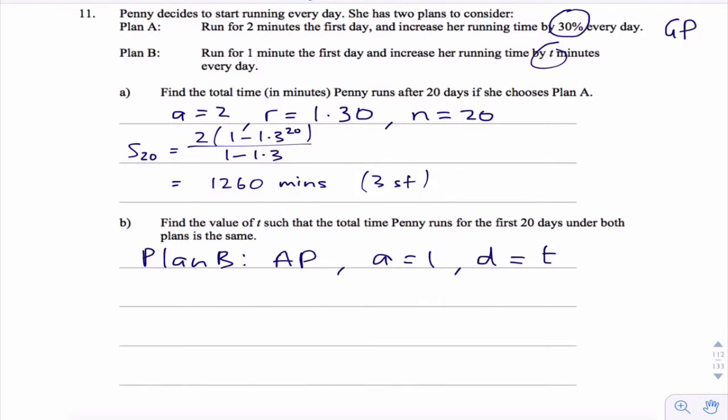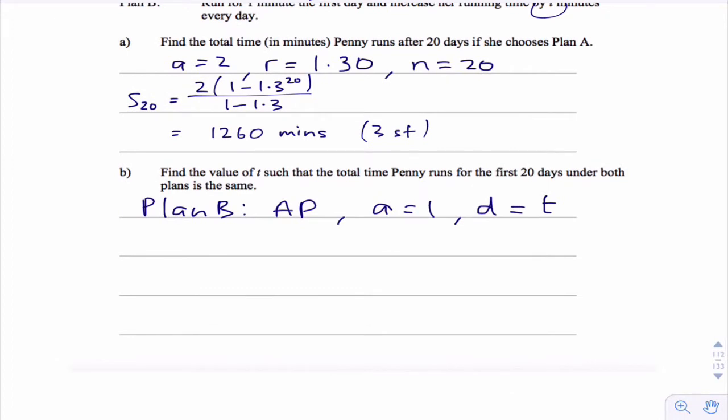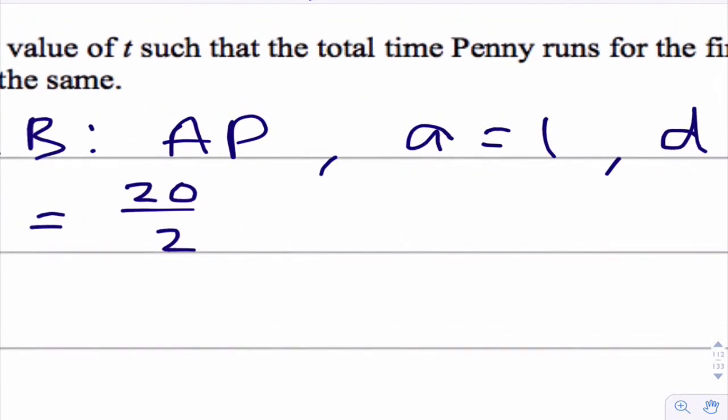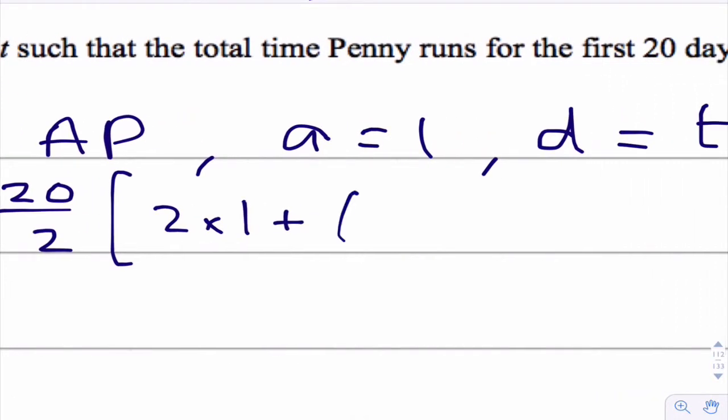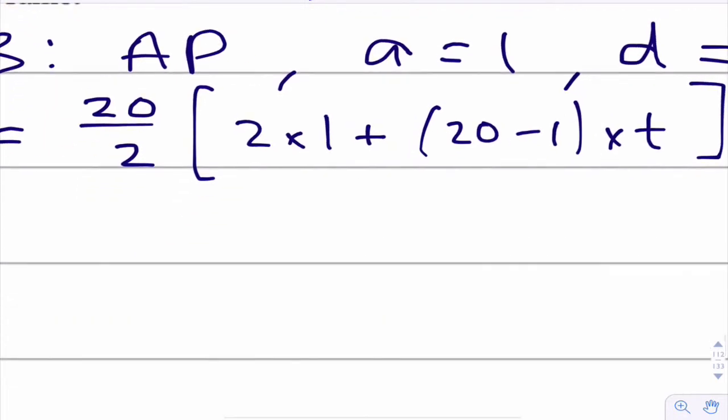So let's get an expression for the total time it takes under plan B. So that is the sum of 20 days. So that will be n over 2 times A plus n minus 1 times d, and d in this case is t.